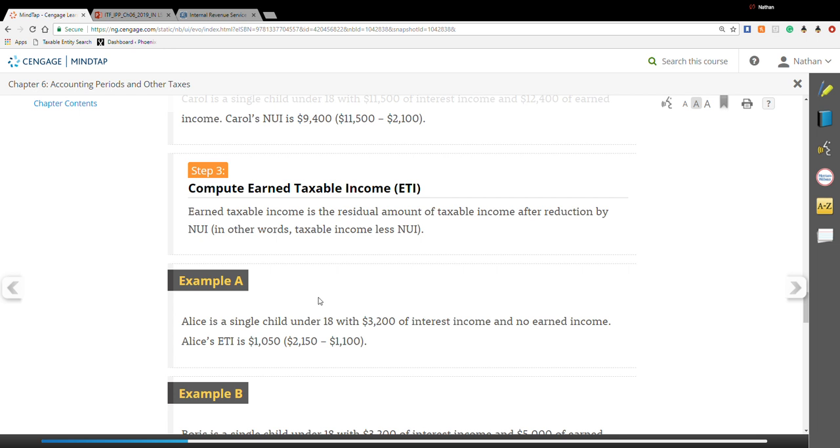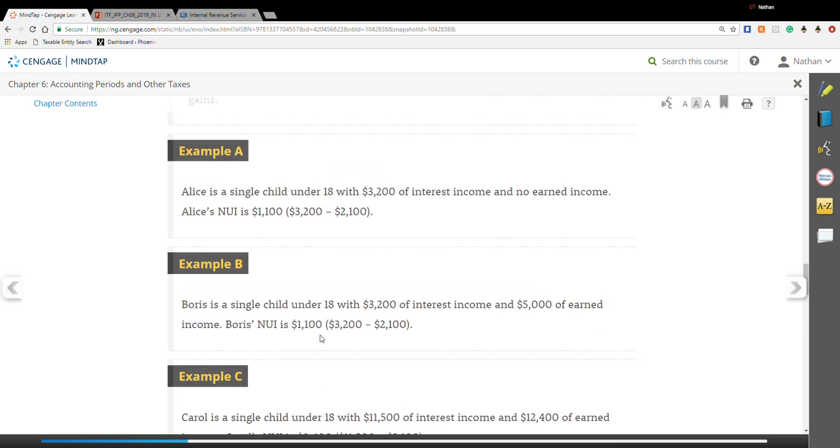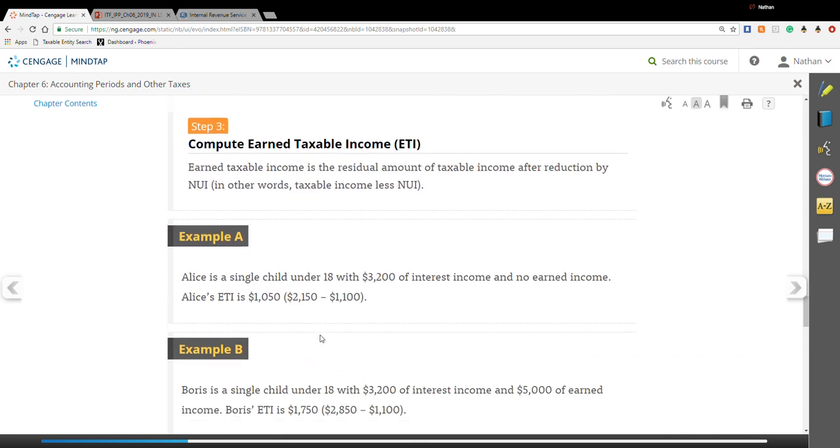So again, Alice is a single child under 18 with 3,200 of interest income. Her ETI will basically be 2,150 minus 1,100. Okay? Which equals the 1,050.